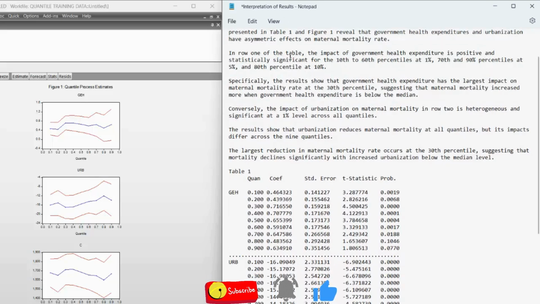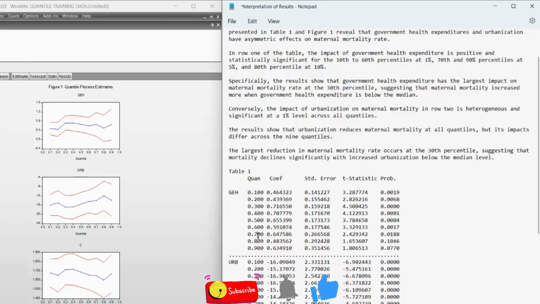In row 1 of the table, the impact of government health expenditure is positive and statistically significant for the 10th to the 60th percentile at 1%. You can see from 0.10 to the 60th, it is significant at 1%. This is less than 1%. The 70th and 90th percentiles are significant at 5%.